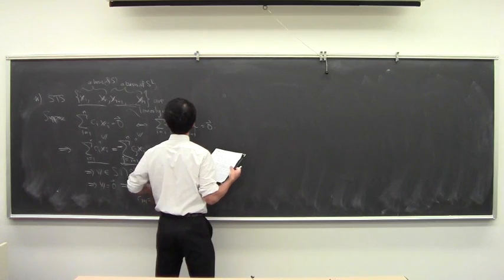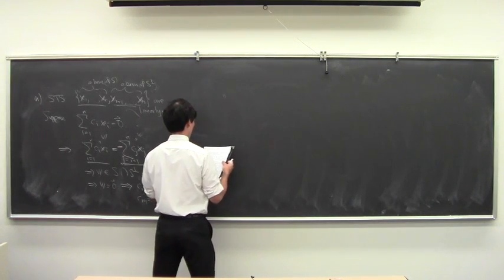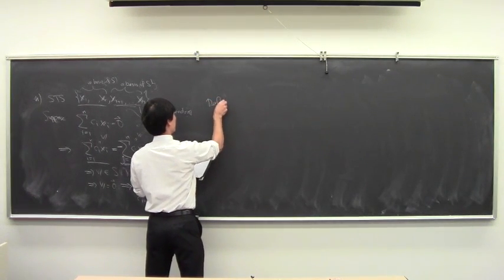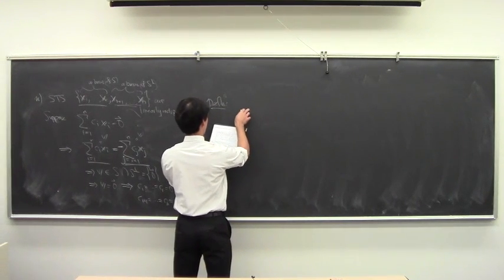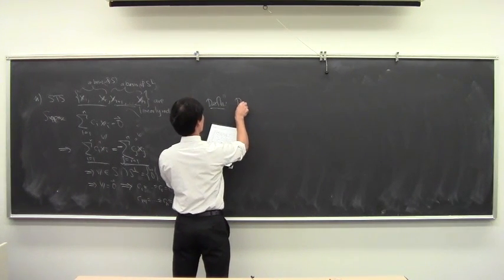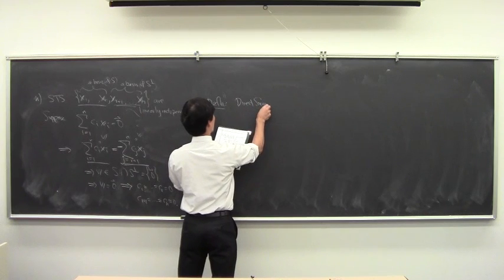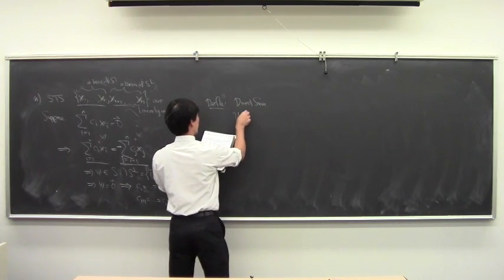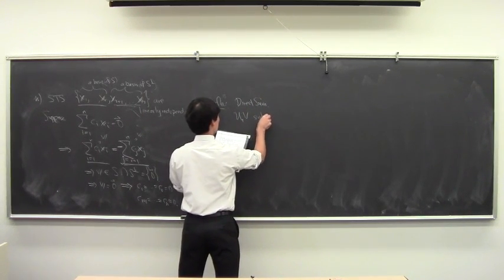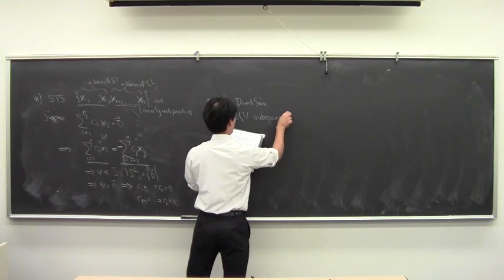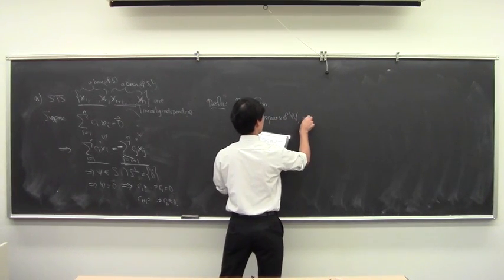Another important notion: the notion of a direct sum. So U and V are subspaces of W, a vector space.